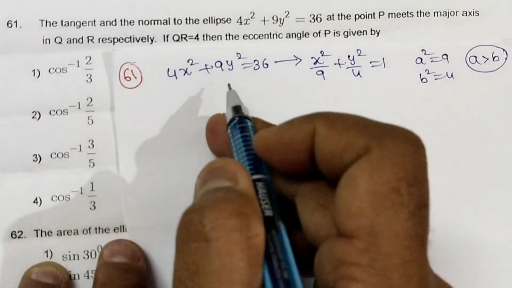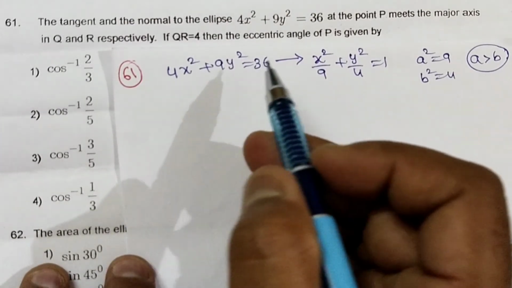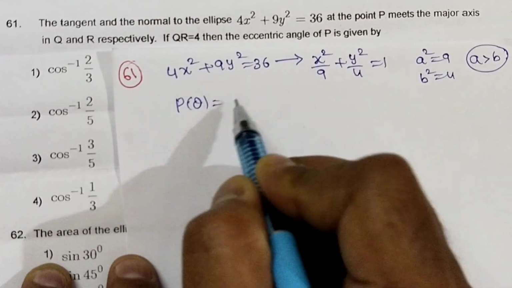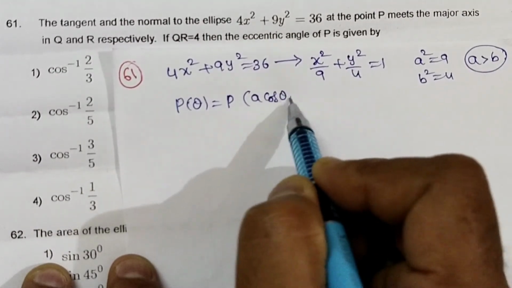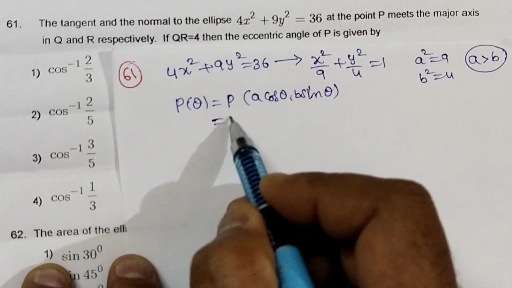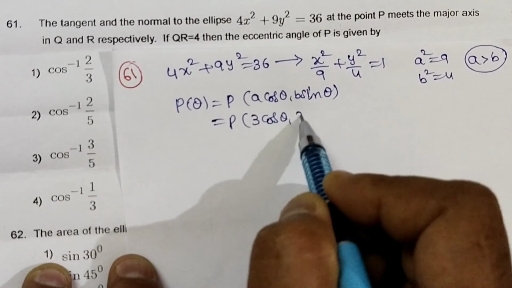The point P of theta is the parametric point P of a cos theta comma b sin theta. So here it is 3 cos theta comma 2 sin theta.